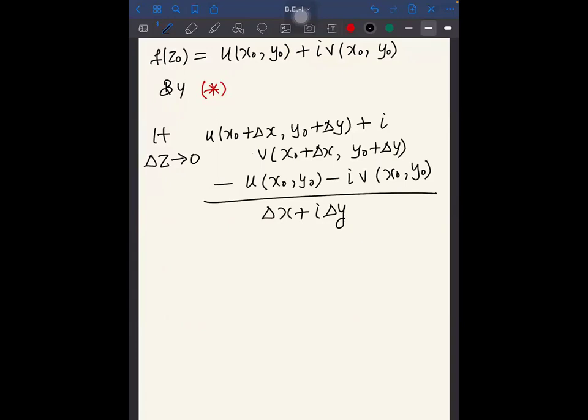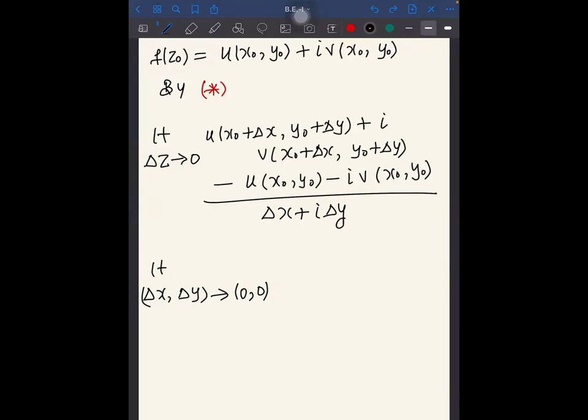Okay, so now see, the limit is as (delta x, delta y) goes to (0, 0). If your delta z goes to 0, what does that mean? That your delta x should go to 0 and delta y should also go to 0. Okay, so now we'll simply separate the real and the imaginary part in the numerator only.